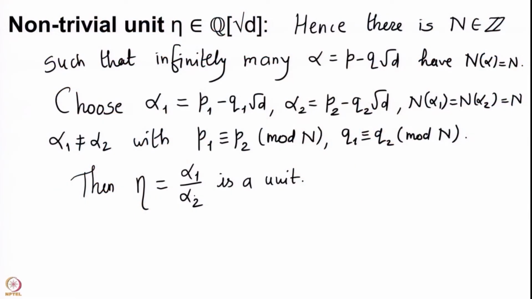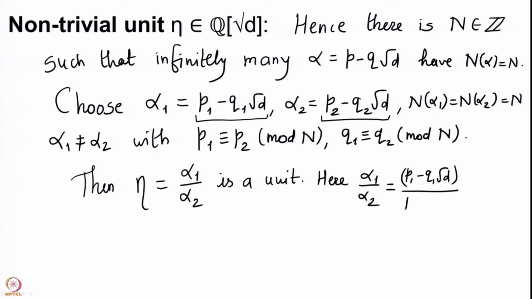So, we simply compute alpha 1 upon alpha 2. So, alpha 1 is P1 minus Q1 root d, alpha 2 is P2 minus Q2 root d. So, this is P1 minus Q1 root d upon P2 minus Q2 root d, but we simplify this by multiplying by the conjugate of the denominator on both sides.